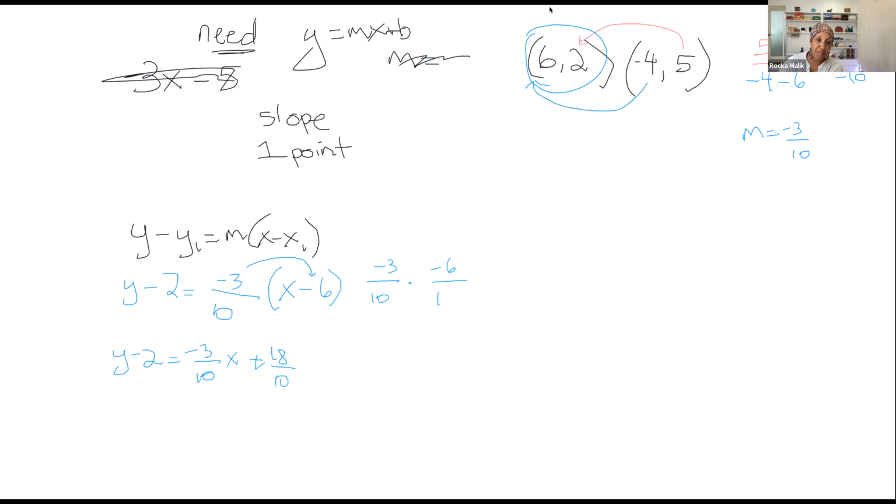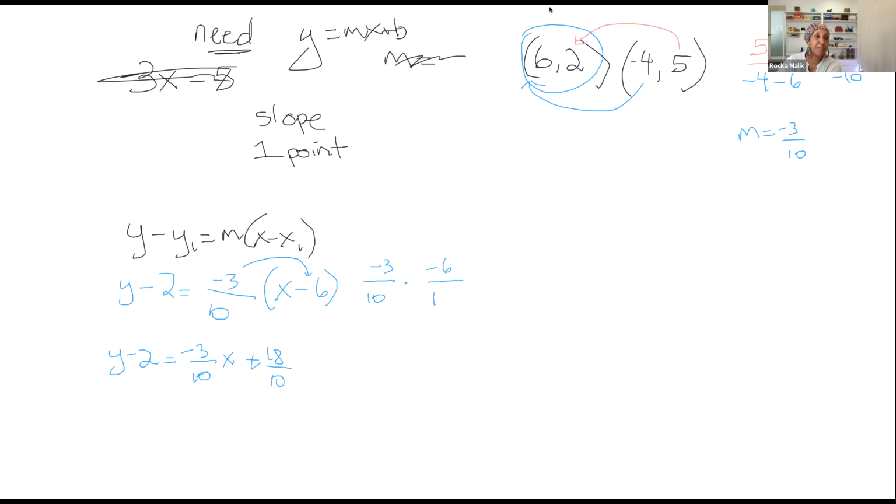If you want to get rid of the fraction on the bottom, you multiply the whole entire thing by 10, every single piece of this formula. So 10 times y gives me 10y. 10 times -2 is -20. The 10 will cancel with this 10 and leave me with -3x.